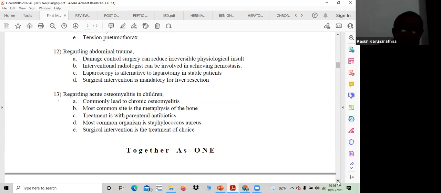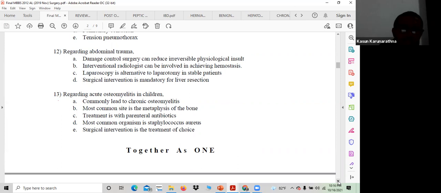Control the bleeding, and if there's contamination, get rid of the contamination, then get the patient's physiological parameters back to normal, then do the definitive surgery. That is the idea of damage control surgery in trauma, right? You prevent the second insult due to surgery.